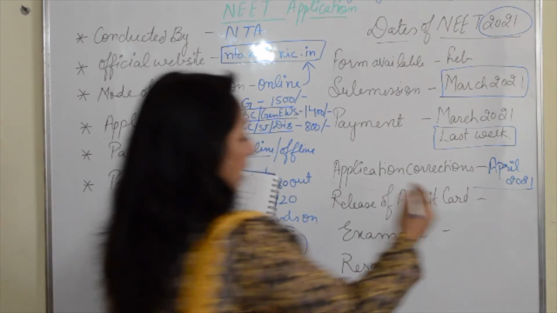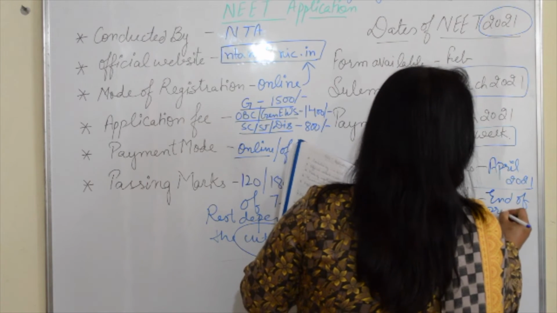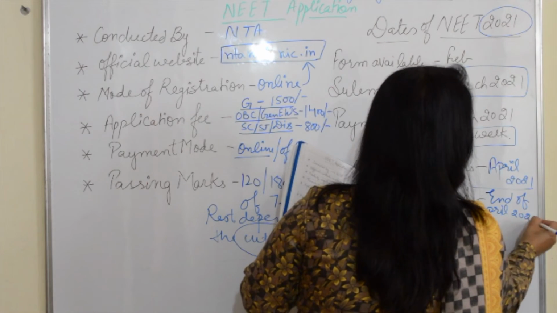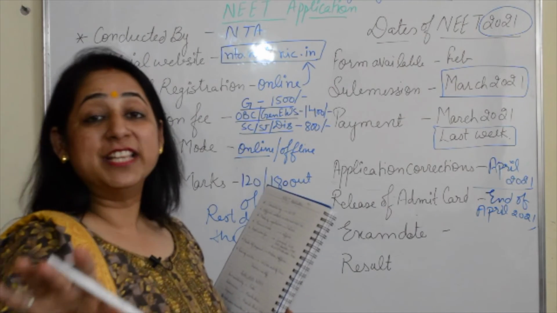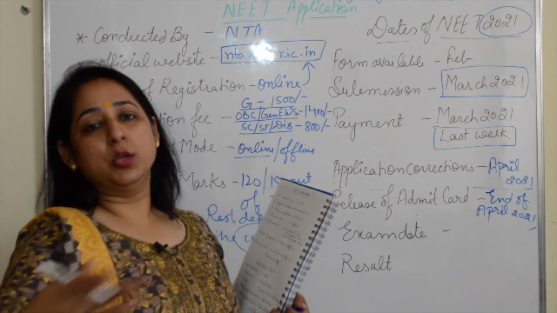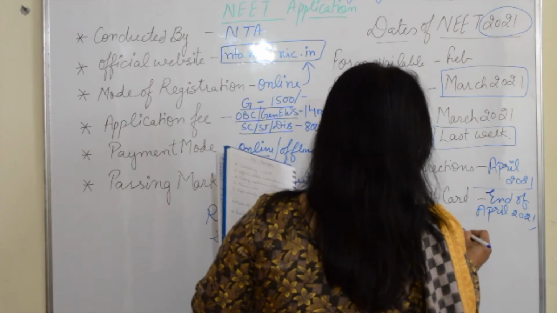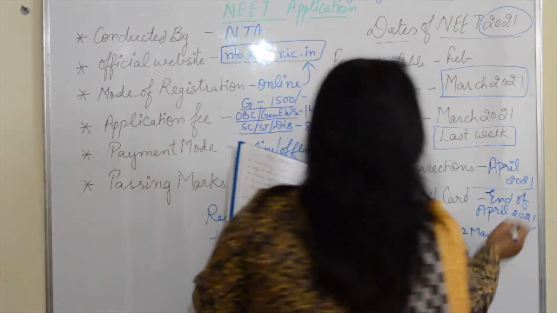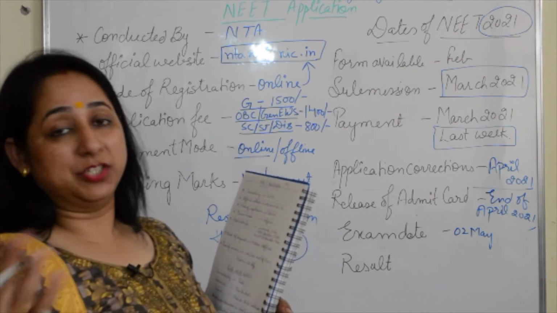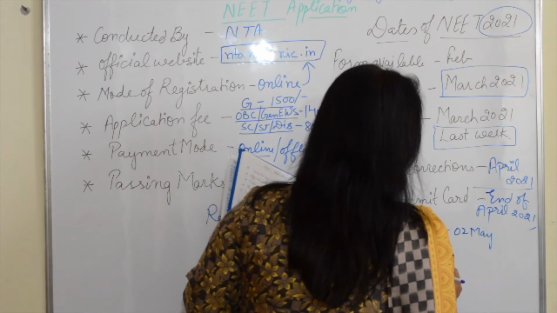Release of admit card will be by end of April. Release means the admit card will be released; it will not reach you. So if it is released at the end of April, then in May you will receive the admit card. Exam date is 2nd of May as of now. As you know the scenario, it can change as well. Result will be declared in June.